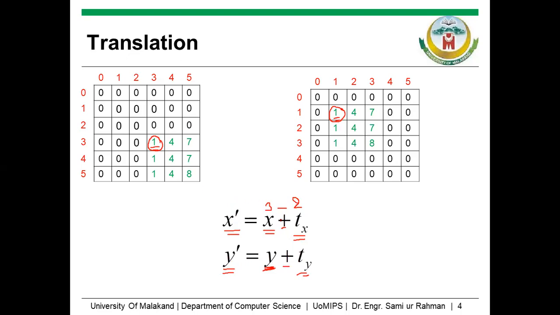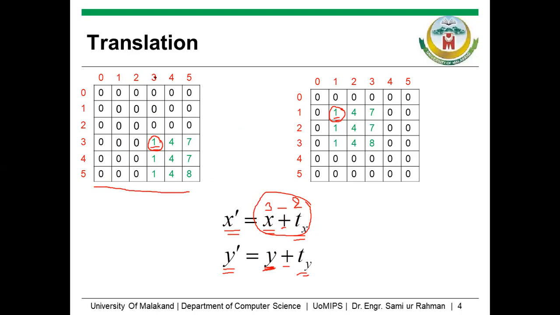Okay, I think previously I gave the example for y, because when I referred to this one, it was moving upward, which was the y direction. So this was a bit of a wrong example. Again, x prime is equal to x plus tx, where x is this direction. From this point it has come to this position.